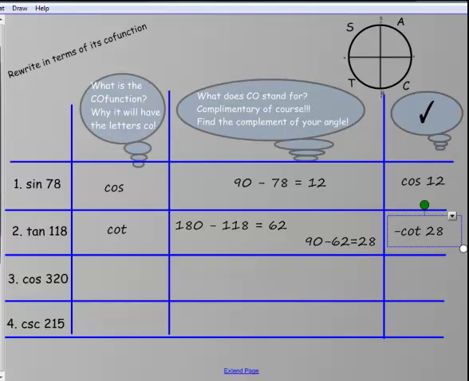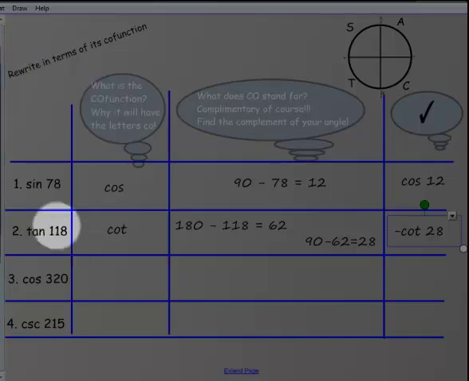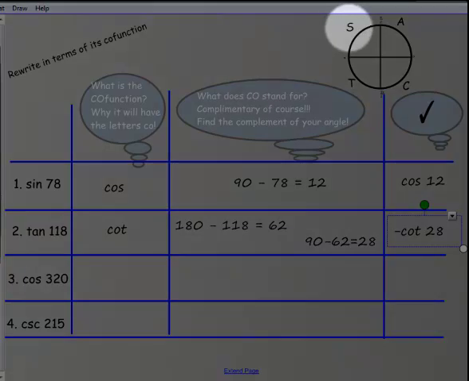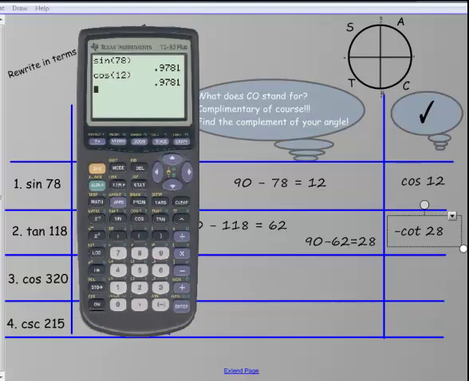Now, why is there a negative in there? Well, that's because you are in the second quadrant. And in the second quadrant, as you can see up here, tangent would be negative. So I have to throw this negative in front so it works. And again, I can show you that on a calculator.